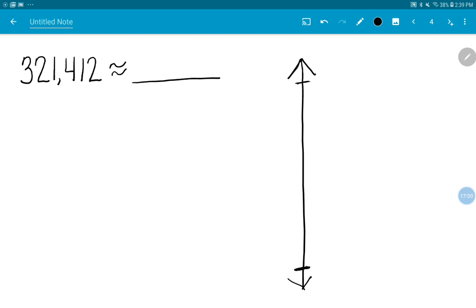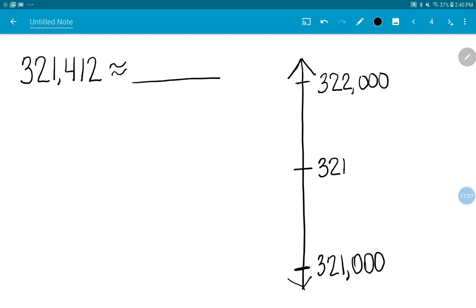How many thousands are in 321,412? 321,000. There's 321 thousands. What's 1,000 more? 322,000. What's halfway in between? 321,500.